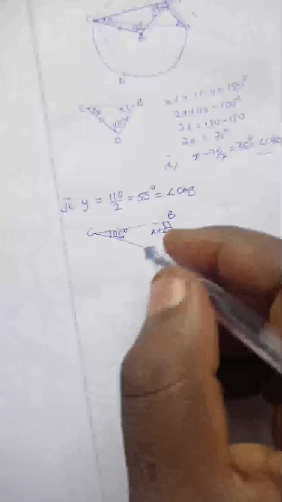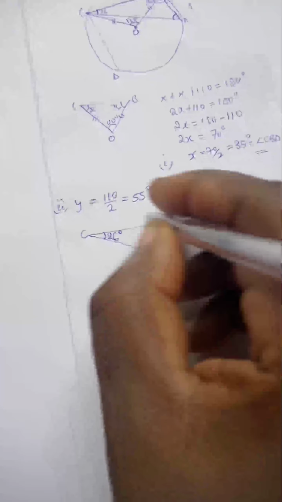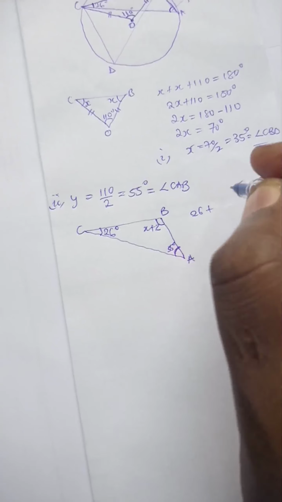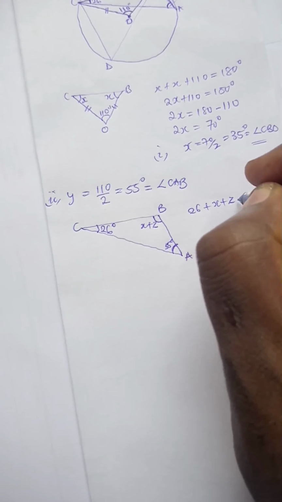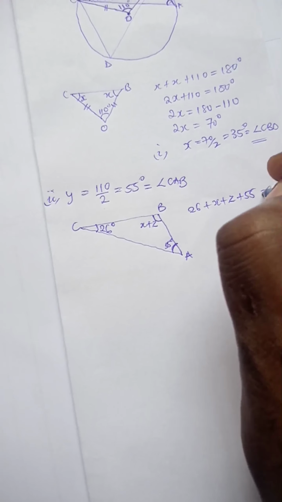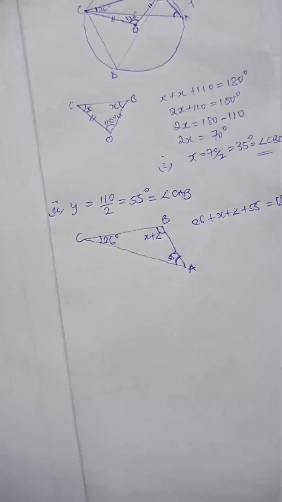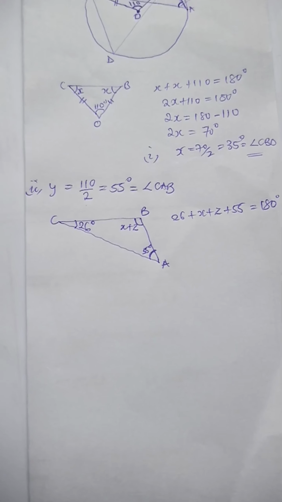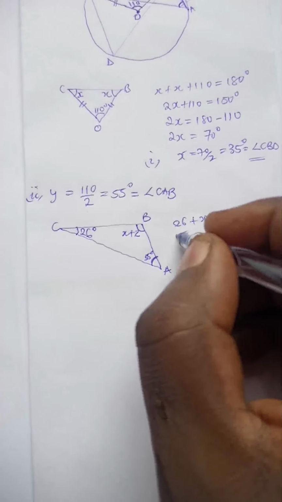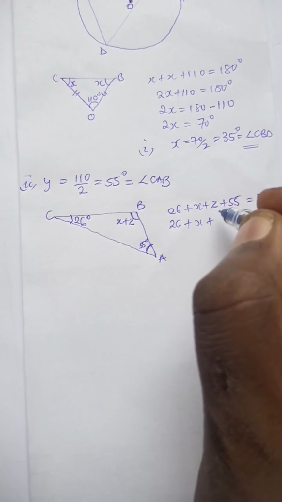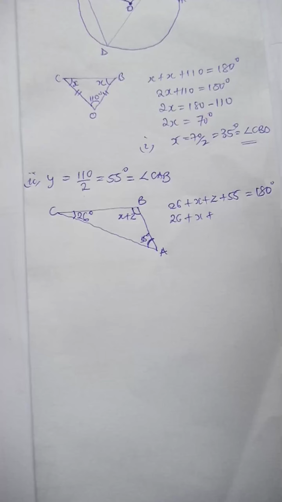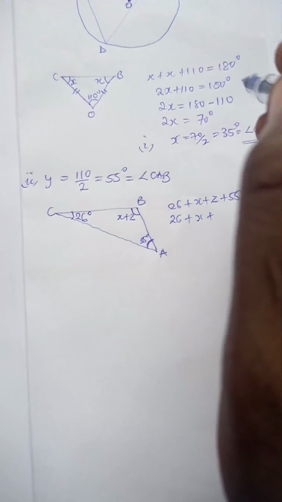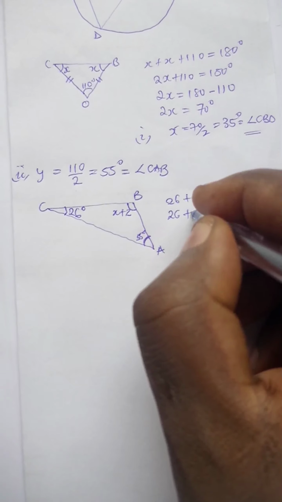Let's also recall that the sum of the angles in a triangle must be equal to 180. So we have 26 plus x plus z plus 55 equal to 180 degrees. We don't know z, but we know our x. Our x is 35, so we can write 35 here.